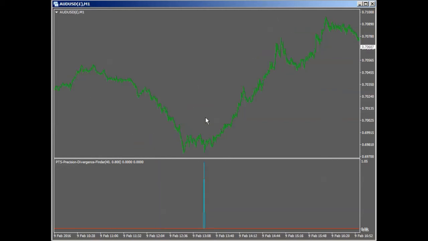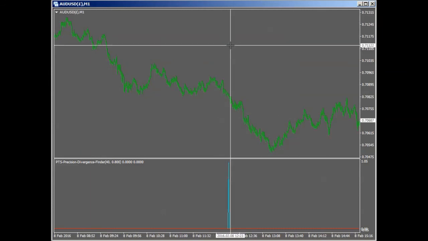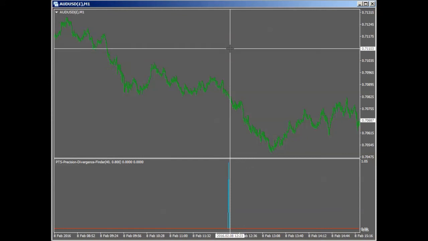So it does work in a 1 minute chart, but the signals will give much smaller moves, like this one, which is very small. And this is a rather mediocre signal, but slightly profitable. And this is one of the signals that you have to be careful of. This is why you must use stops.